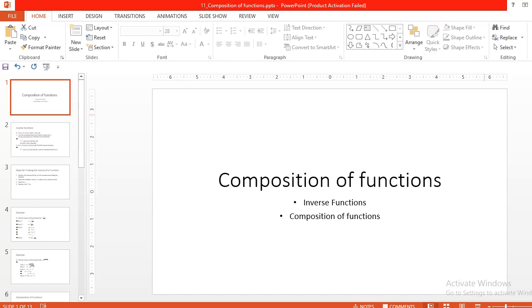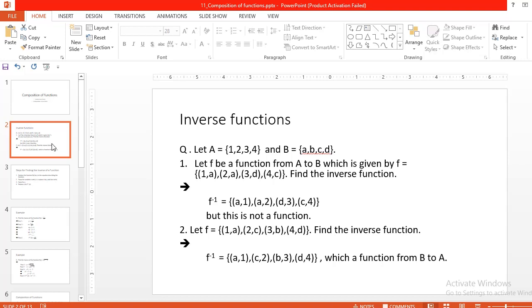We also saw what the inverse functions are. So in this lecture we will see the remaining part of the inverse functions and what the composition of functions is.